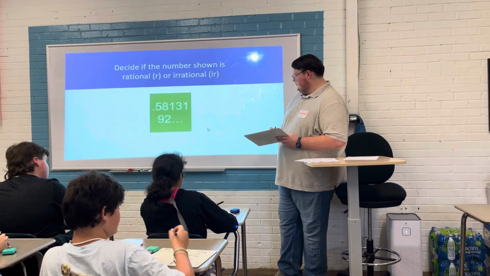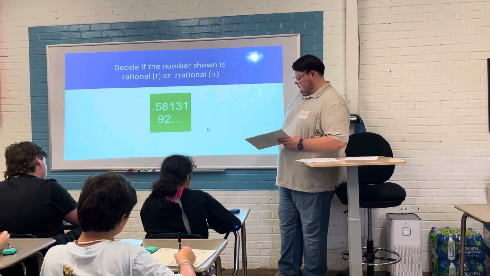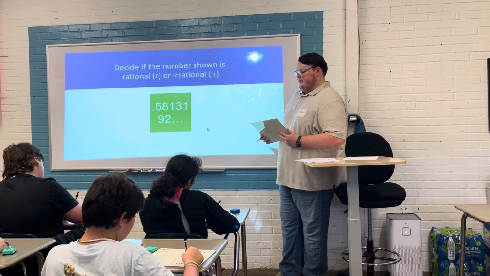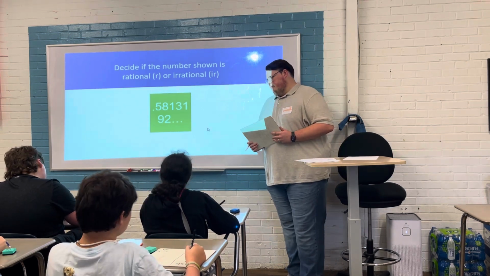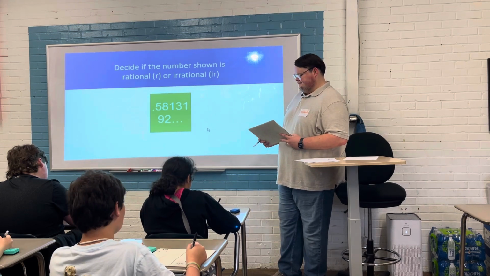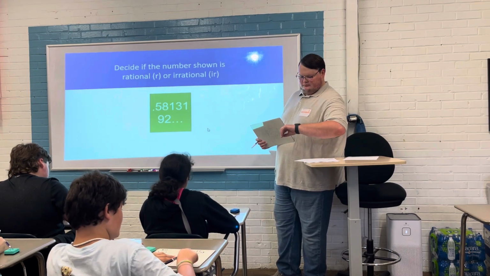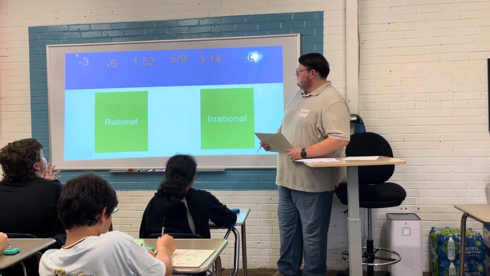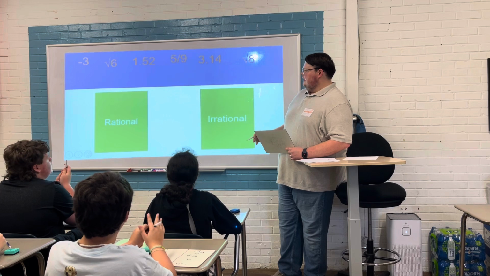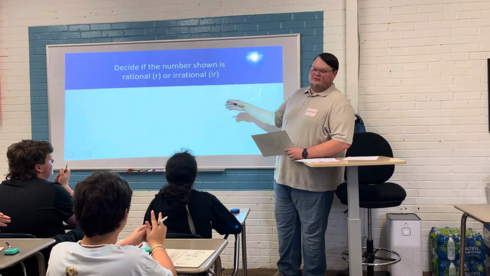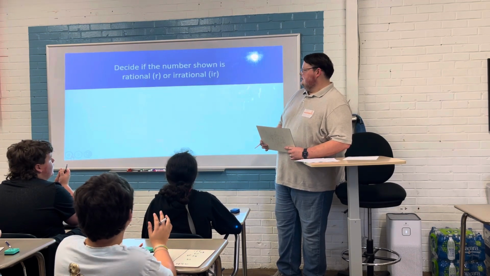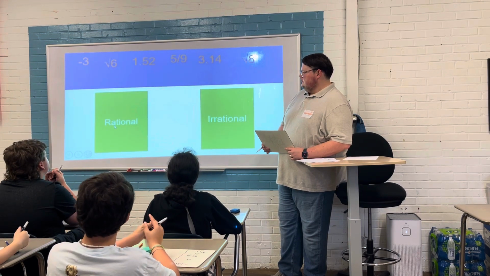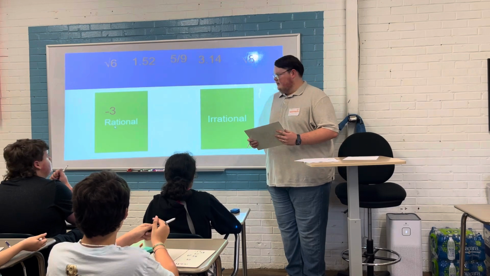Now we got a big old long repeating decimal. Okay. I think when you click it, it puts it in what column it goes under. Yeah, okay, I thought so.